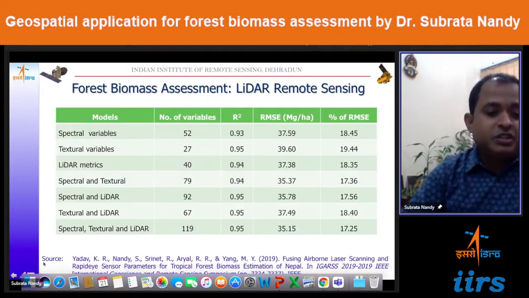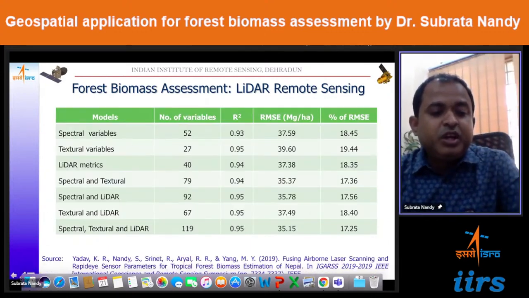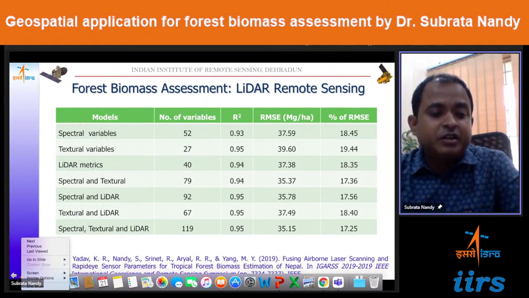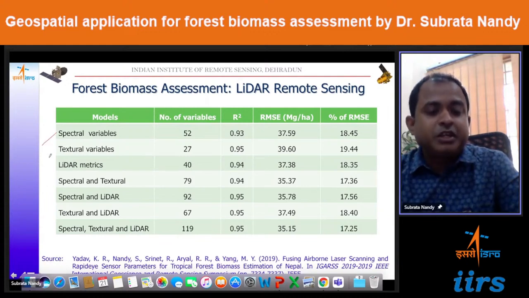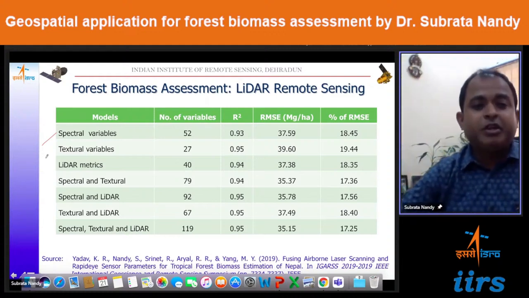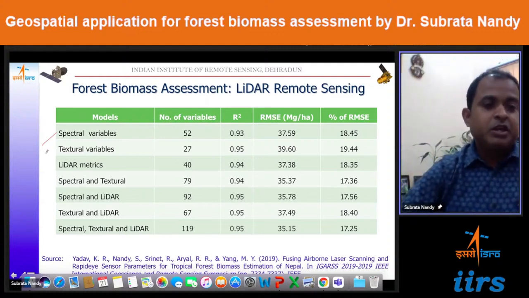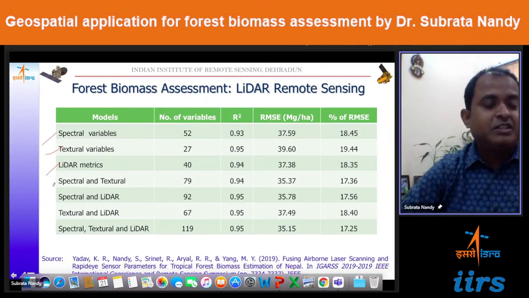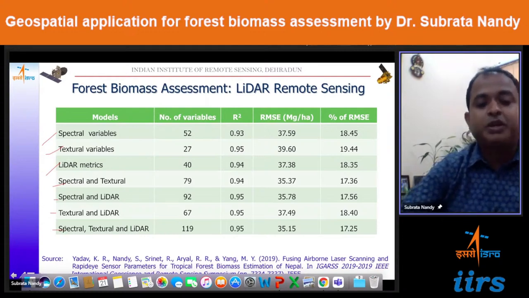In this case, you can see we have done different kinds of modeling. We first tried only spectral variables. Biomass is the dependent variable, and all these are independent variables: spectral variables, then only texture variables, and only lidar variables. Then we combined spectral and texture, spectral and lidar, all possible combinations, and ultimately spectral, texture, and lidar, so basically optical and lidar.